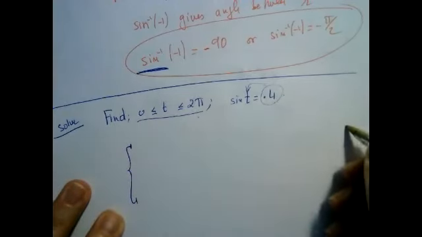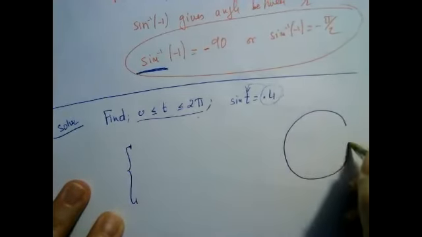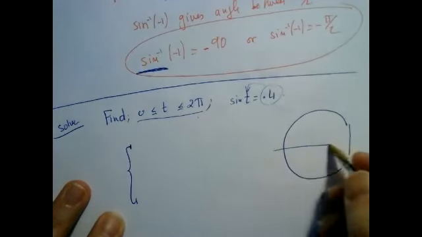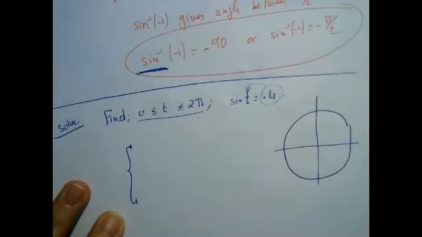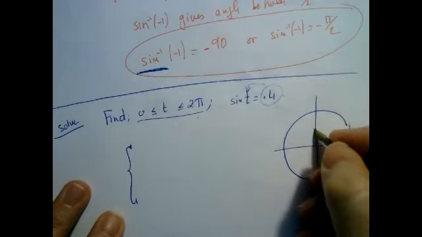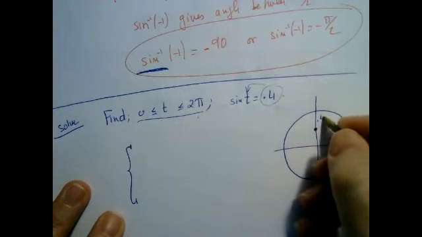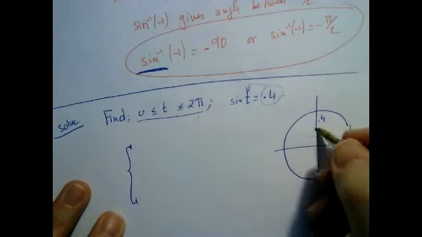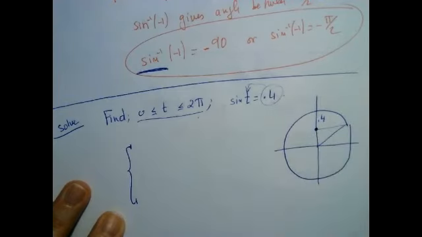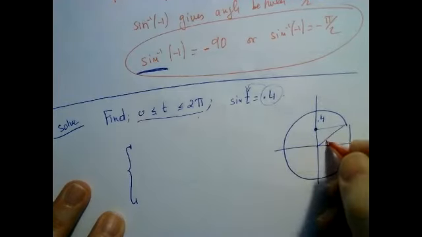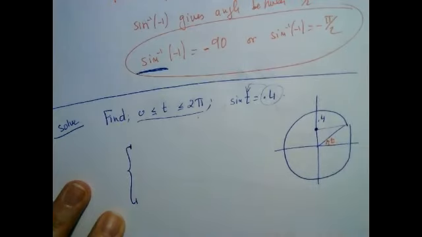Okay. So we have to draw the circle, and the sine is 0.4. The sine is the y coordinate. And now what I want is the angle. I want all the angles from 0 to 2 pi.